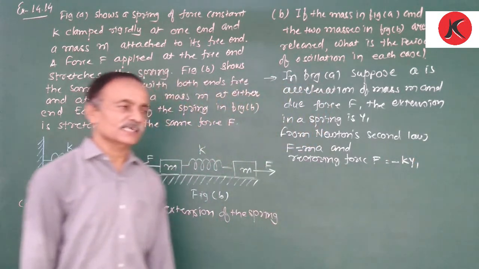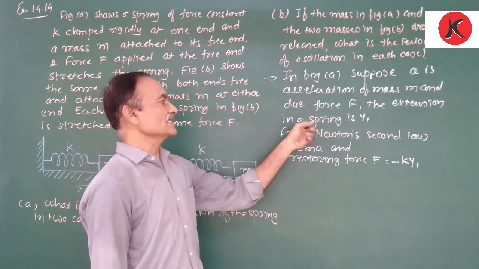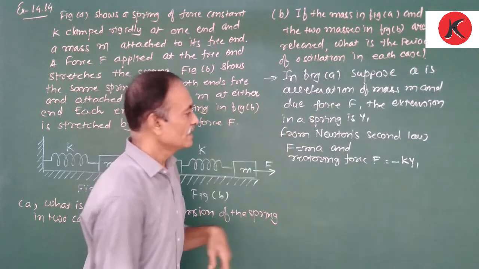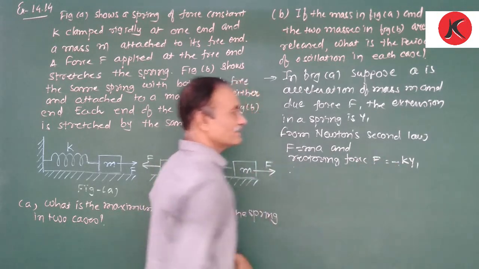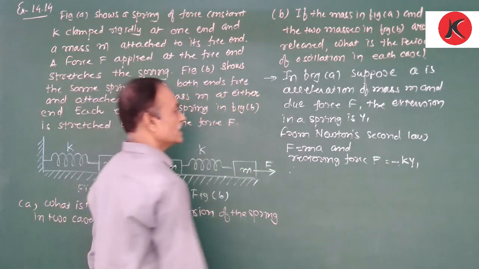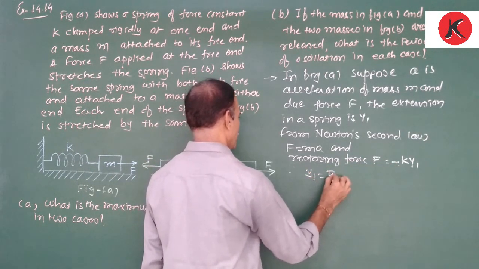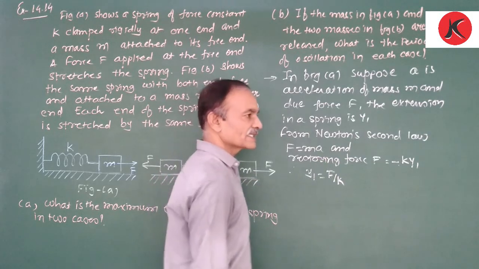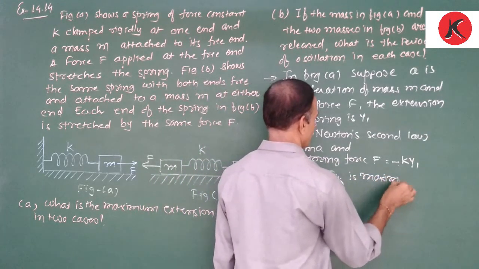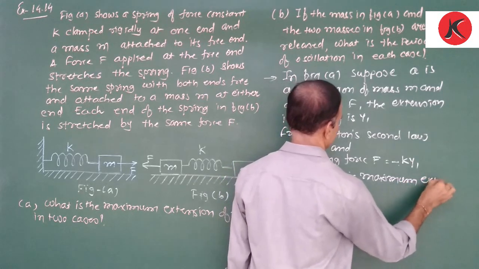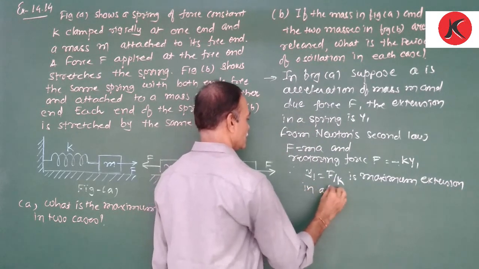Y1 is the extension in the spring, as we already assumed. Therefore, substituting the values, y1 is equal to F upon K. This is the maximum extension in the spring. Clear?